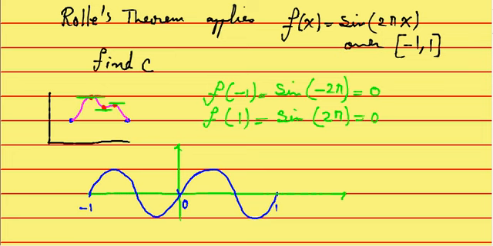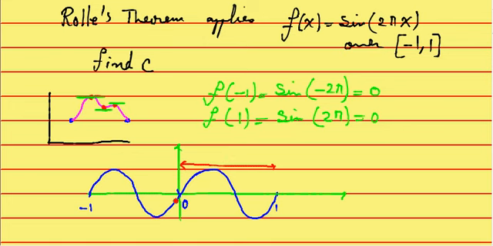Each of these wave patterns from here to here is one cycle. As x goes from 0 to 1, the angle has gone through 0 to 2 pi, and we are covering the entire circle in each case.